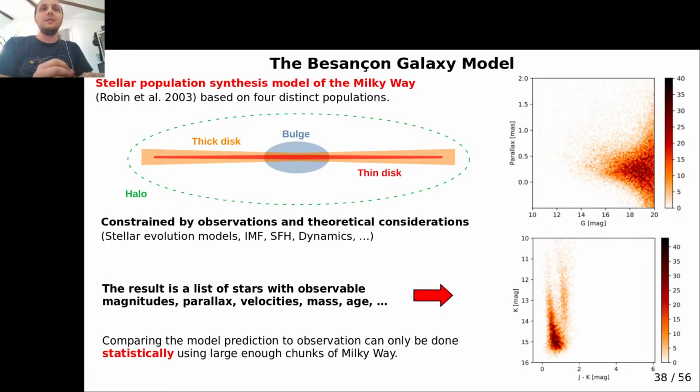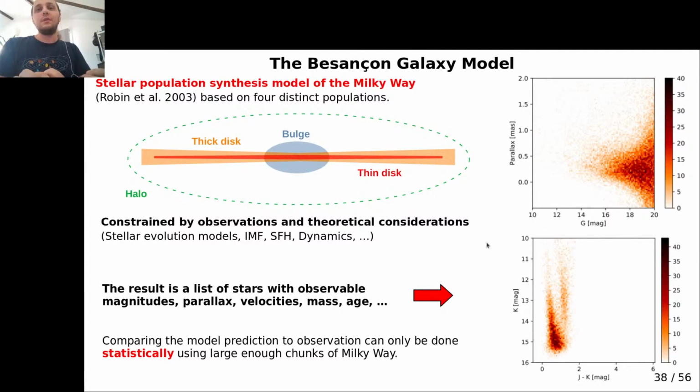Since it is only a statistical representation of the Milky Way, we have to compare a large enough part of the model to the observations in order to perform the comparison, because it is only realistic if we take the result from the BGM as a statistical quantity.